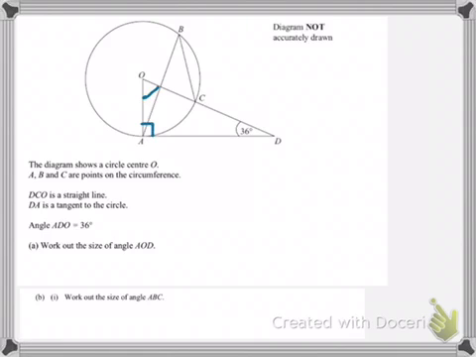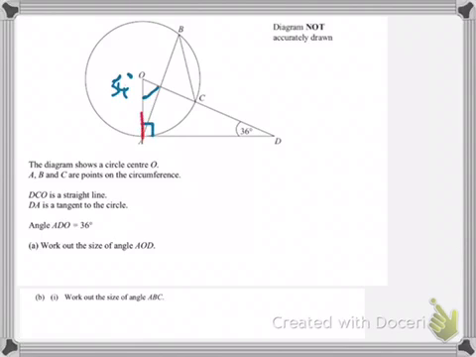So we've got 90 and 36 added here, so that gives you 126, and 180 take away 126 is 54 degrees. Now, that's AOD.